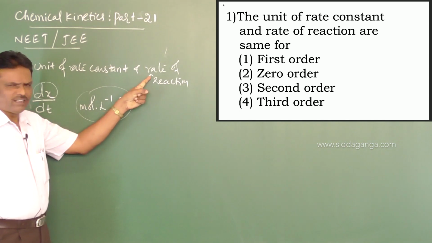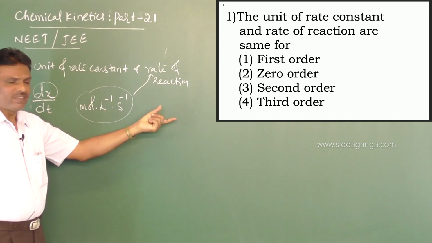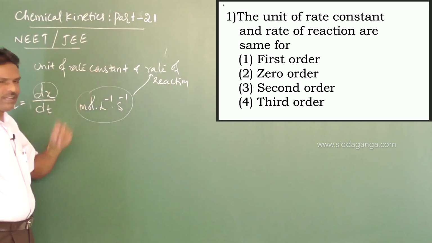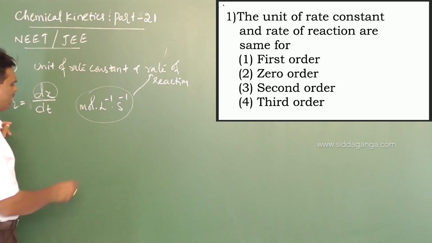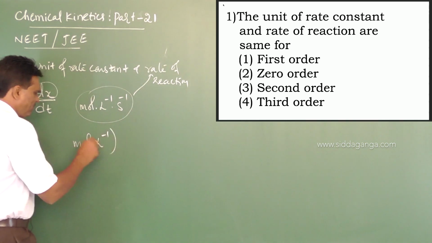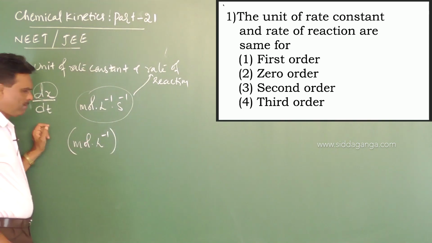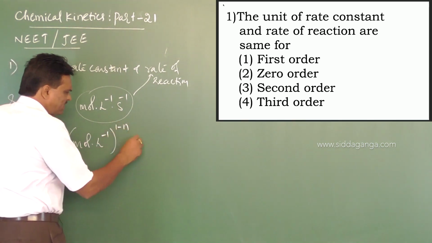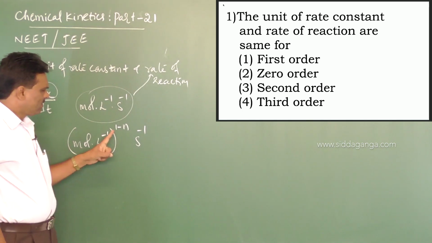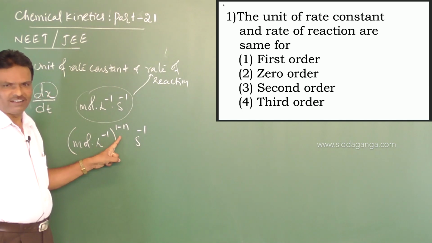So the unit of rate of reaction is same as the unit of rate constant. So we know that moles per liter to the power 1 minus n per second. This is the unit of K in nth order reaction.